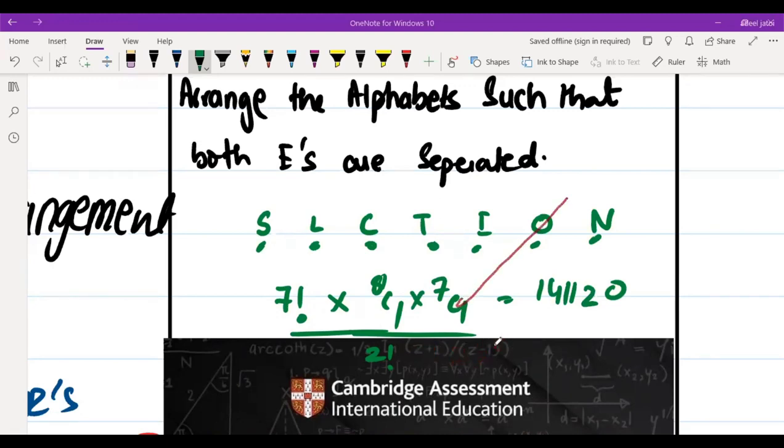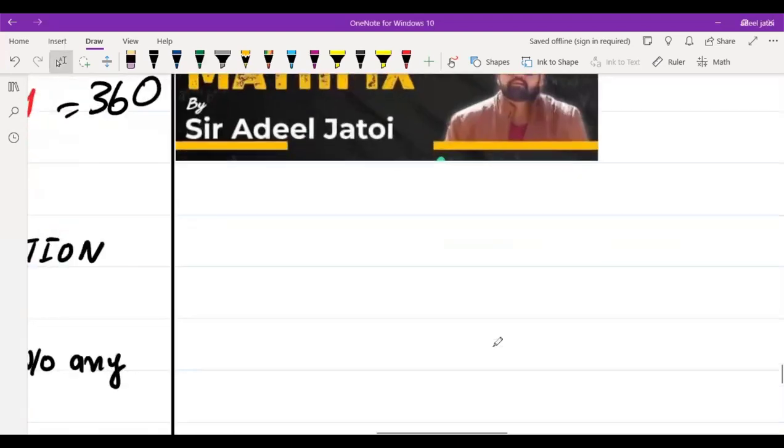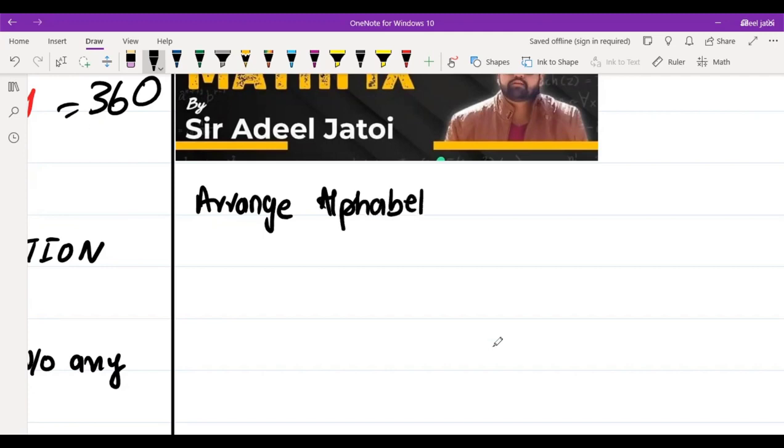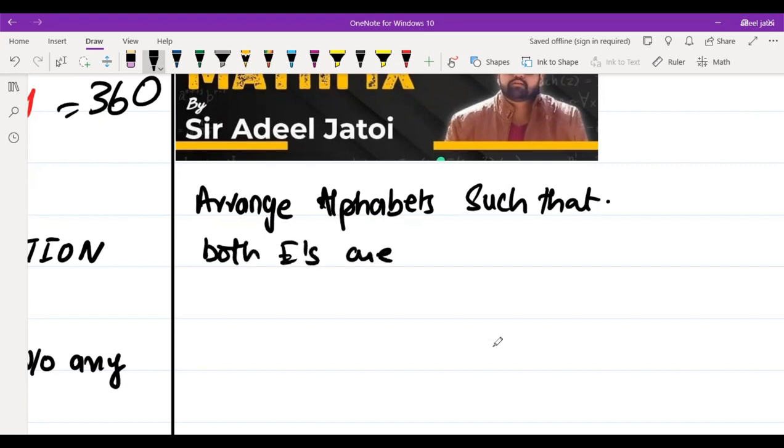Now let's just move to the other example part of this. Let's just say that we need to arrange alphabets such that both E's are together.